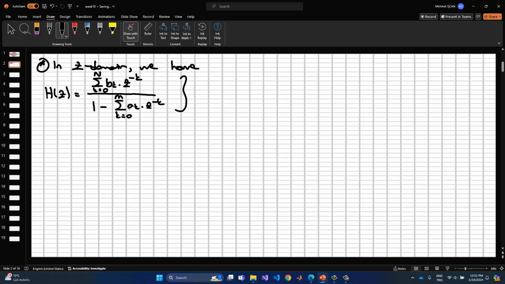Okay, and so in order to design the IIR filter, low pass or high pass in here, we need to check only the poles, okay, in the region of convergence of the current state.